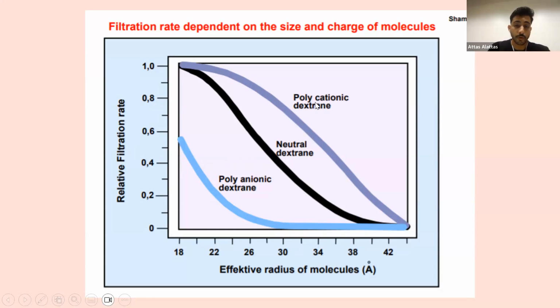So you can see that positively charged molecules have more filtration than a neutral or a negatively charged molecule. The opposite is true for negatively charged molecules. For 30, for the same radius, you can see that the filtration is almost 0. However, for neutral, it's more. And for positively charged molecules, it's the most. Is this concept clear, by the way?